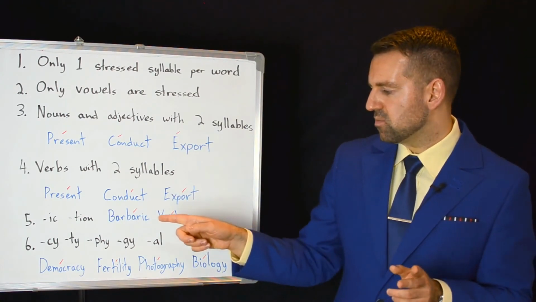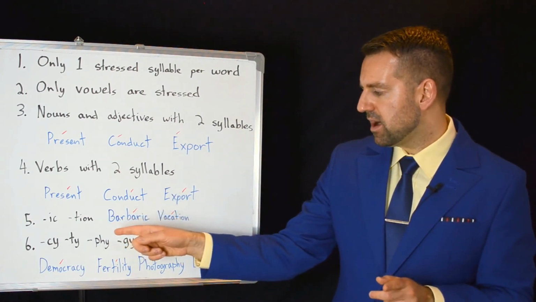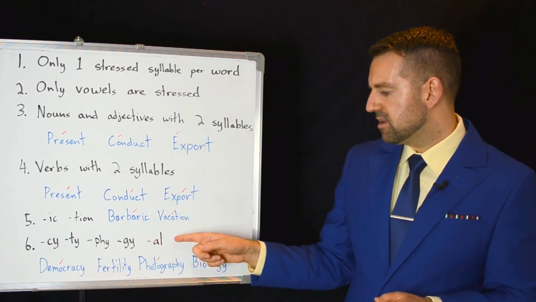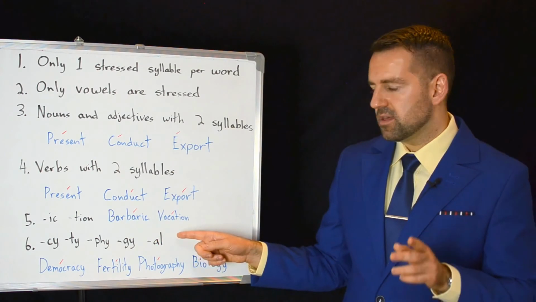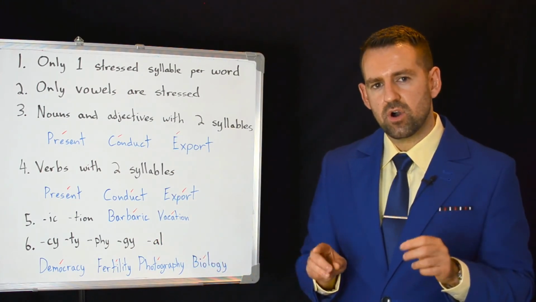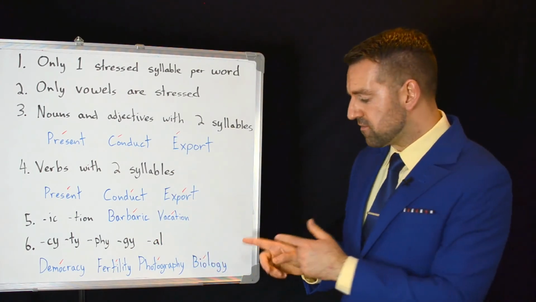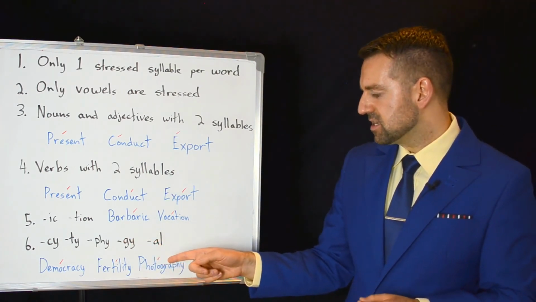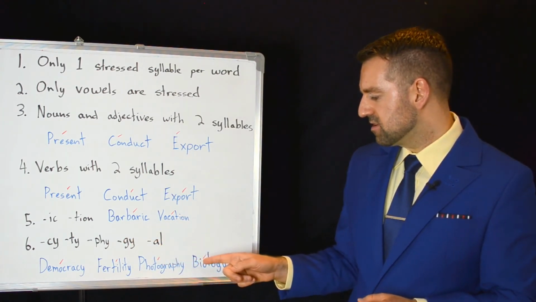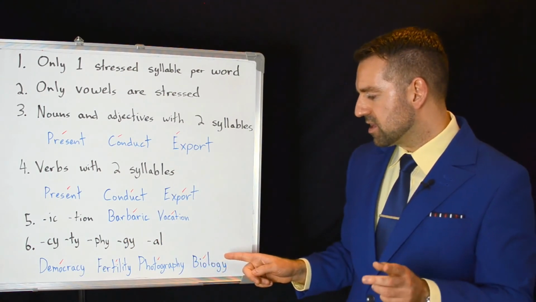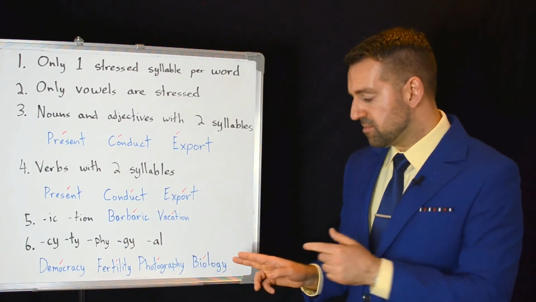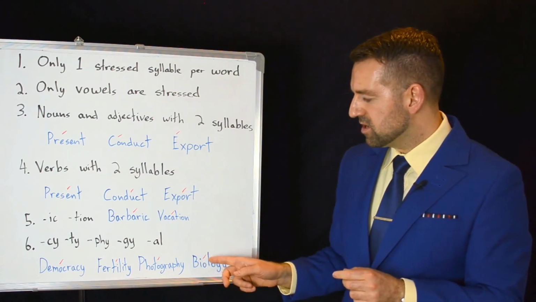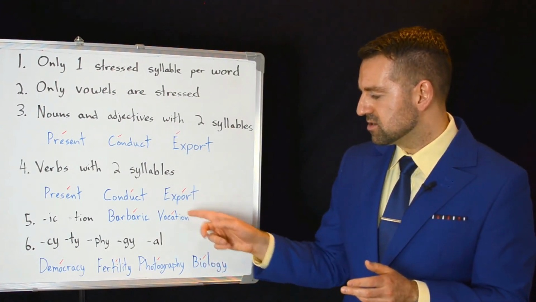All right, and with words that end in cy, ty, phy, gy, and al, they have the stress on the third syllable from the last. Okay, democracy, fertility, photography, biology. Okay, so we need to count from the back, not from the front. So 1, 2, 3, and again 1, 2.